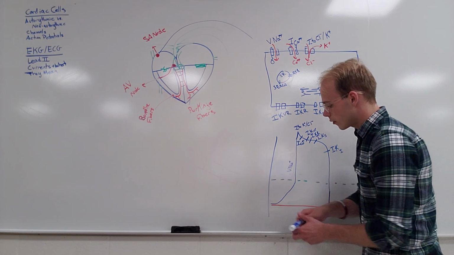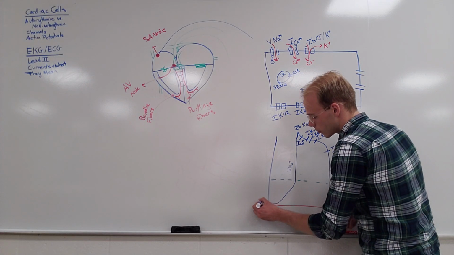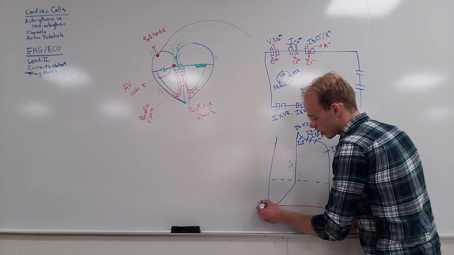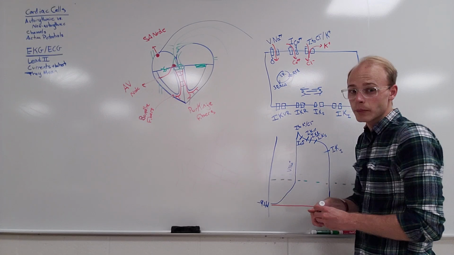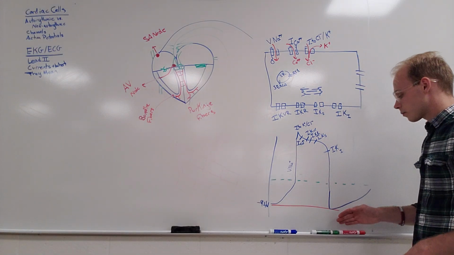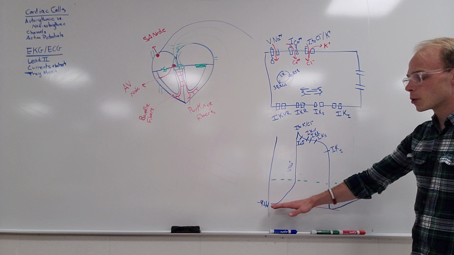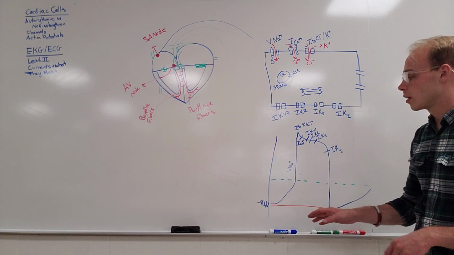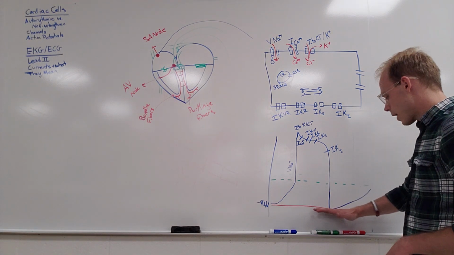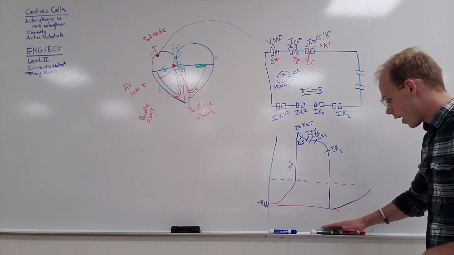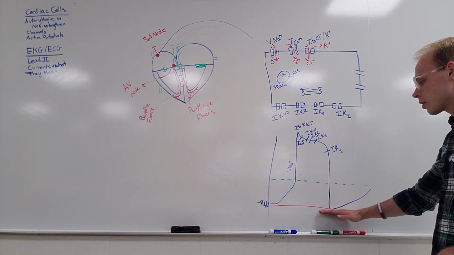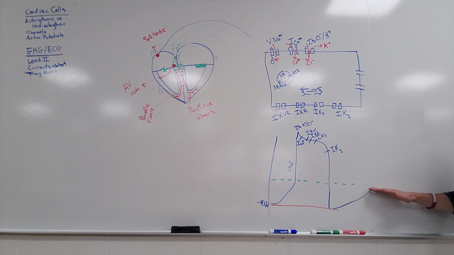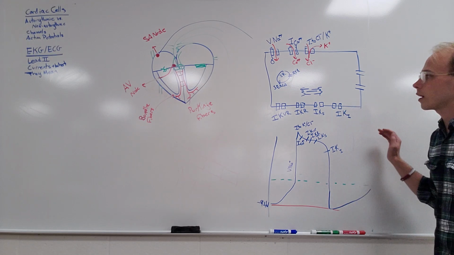And so the resting membrane potential for these is around, wow, that's not great handwriting, but negative 90 millivolts. So this is already super close to the Nernst potential for potassium. And so it doesn't hyperpolarize. So it basically just gets to resting and then is ready to go once it receives something else.